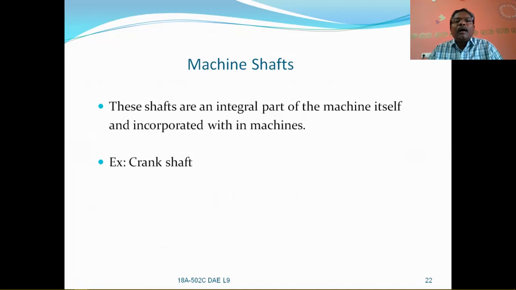So these are the different machinery available, that means different shafts based on the function. In transmission shafts, we have line shafts, jack shafts, and also counter shafts. Whereas in case of machine shafts, the best examples are the crankshafts and also spindles.